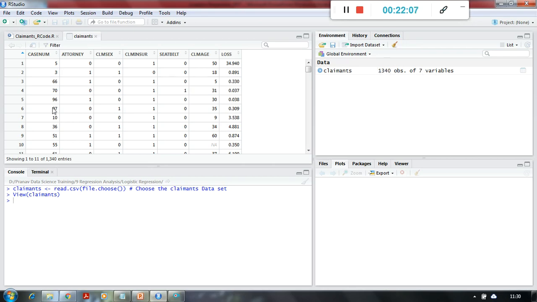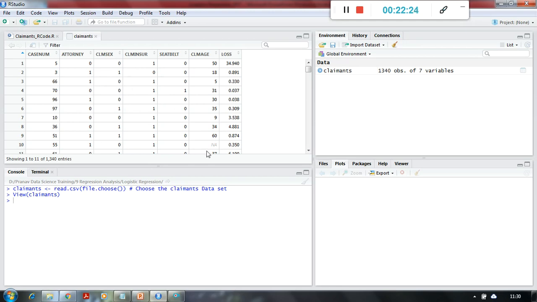You can see here 1340 records are given to us. So there are 1340 such cases available with us, which is a very good amount of data to write a predictive model as far as logistic regression is concerned.